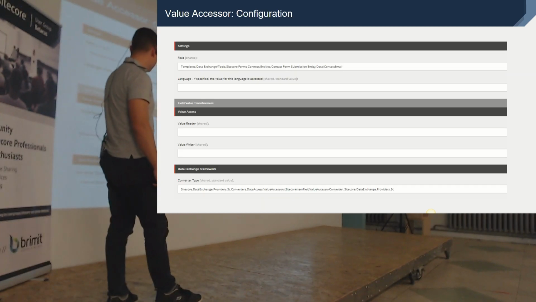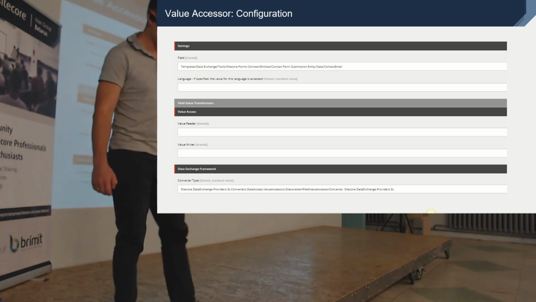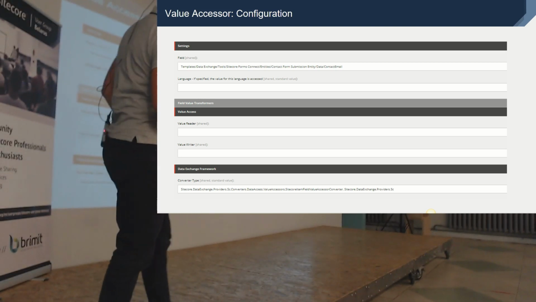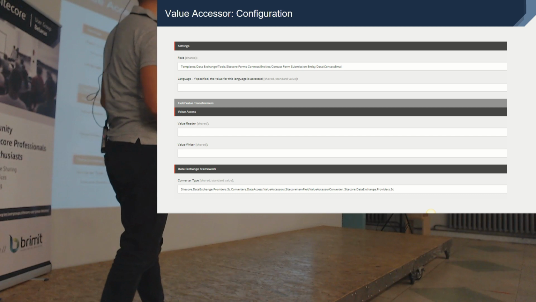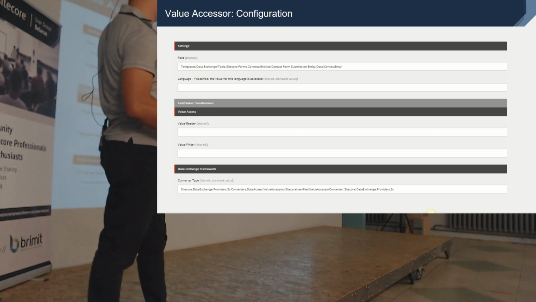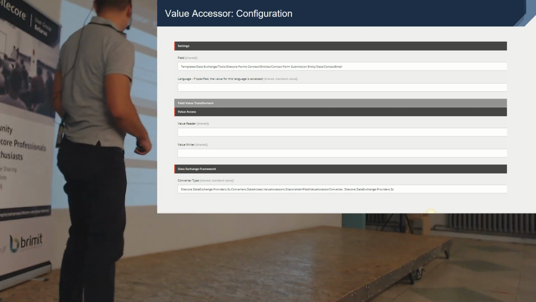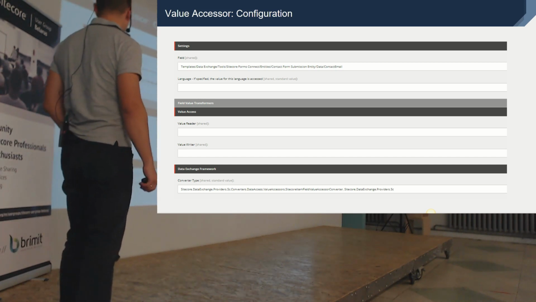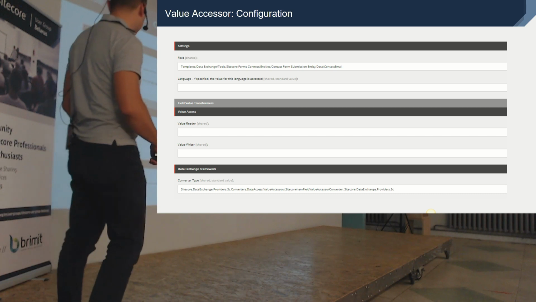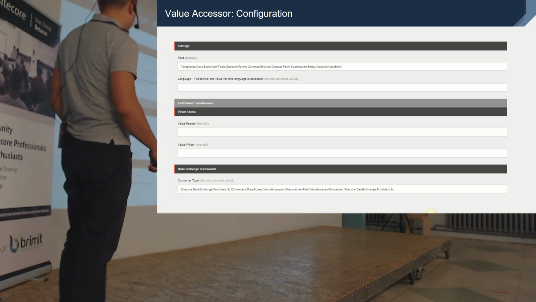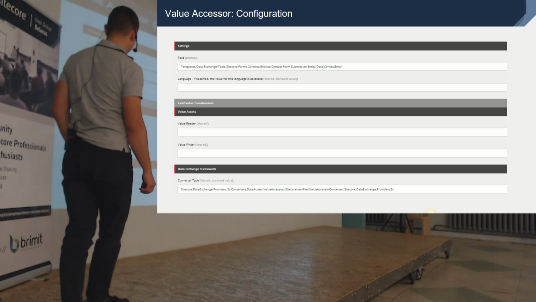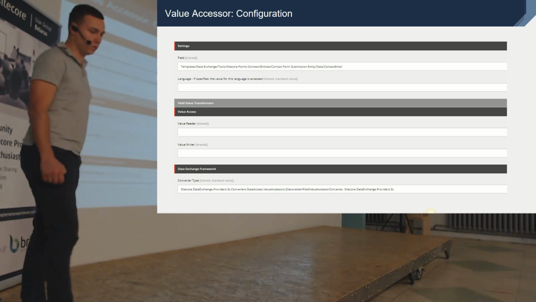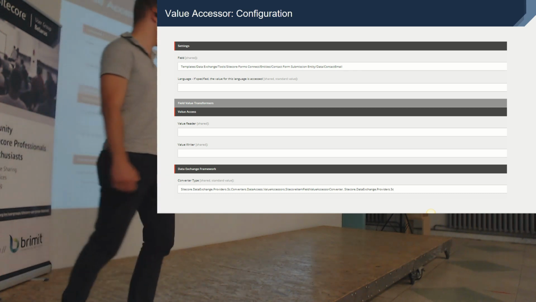A few words about the value accessor configuration. There can be any number of sections. In this screenshot, we can see the settings, value accessors, and Data Exchange Framework sections. The last two sections are common for each value accessor and provided by the Data Exchange Framework itself.